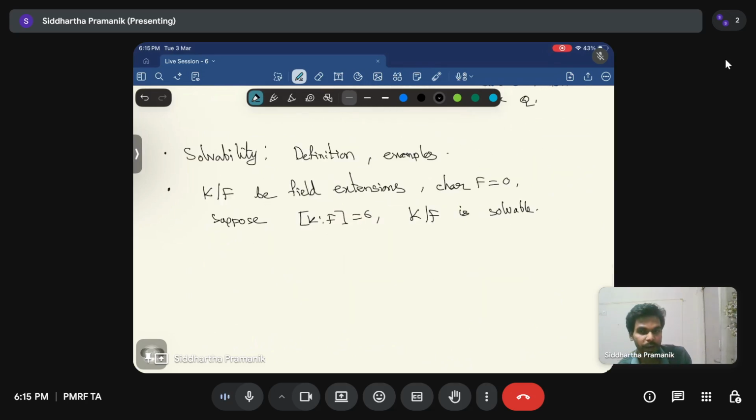And in fact we proved something more general. K over F is a field extension, and we are assuming characteristic 0 because we don't want much complexity here.